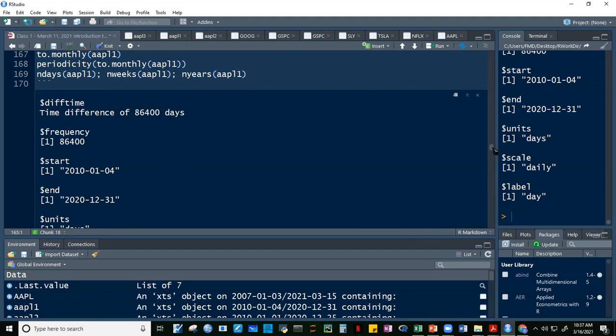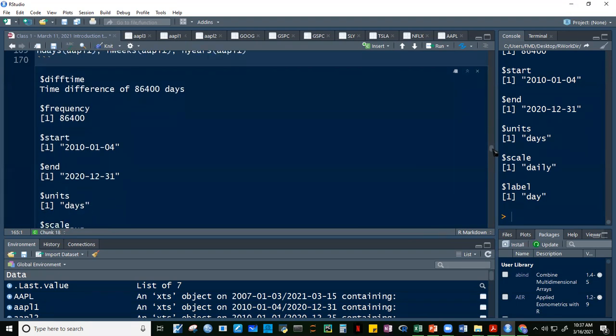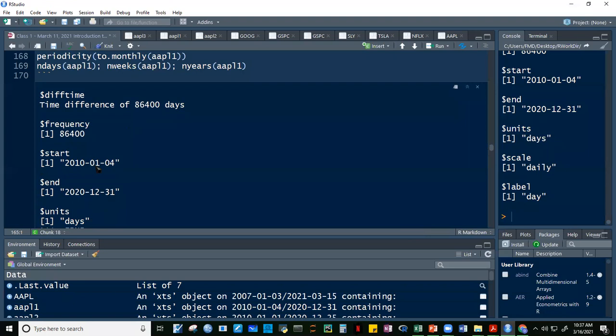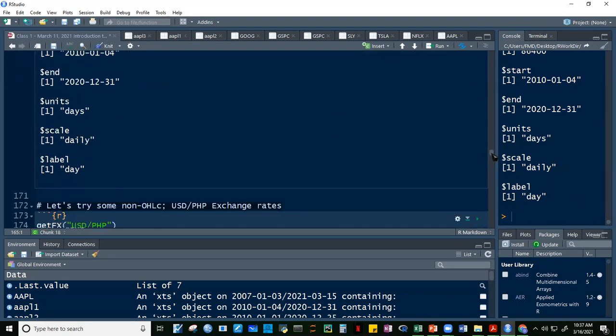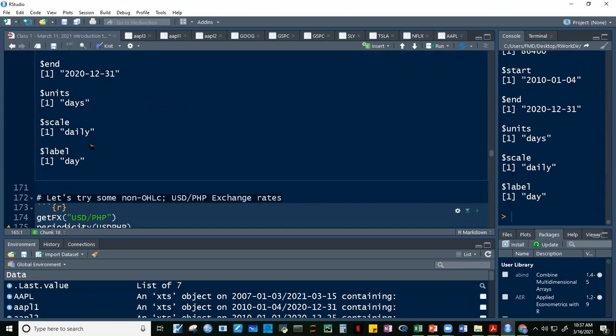What's this 86,400 days? Kasi kung i-minus natin yung days na to, 4,000 plus lang yan eh. Okay, so again, sa inyo yan guys ha, may ibig sabihin yung 86,400 na yan. I want you to explore that. What does that mean? Okay? Units natin in days, scale daily.